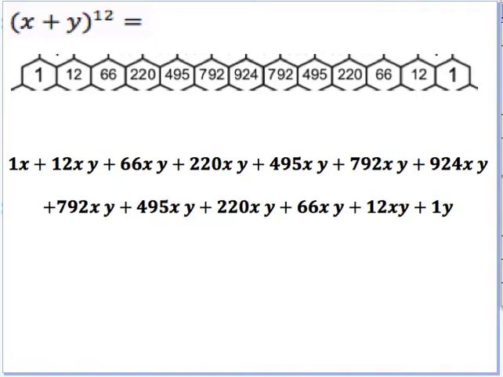So here's one. You have x plus y to the 12th power. This is the 12th row of Pascal's triangle, and I set it up.